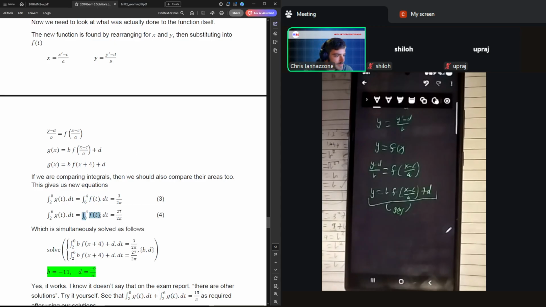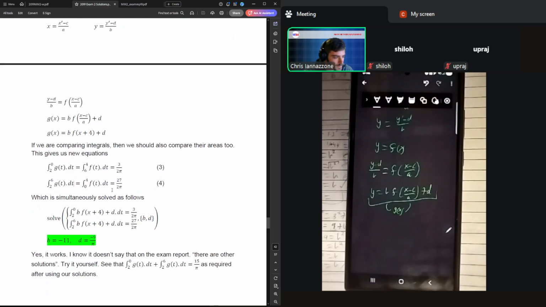So I recalculate what these were individually, 3 on 2 pi and 27 on 2 pi, and then they have to be the same as the G versions. And so what you then do is go through and put in the G functions and make them equal the areas that you know you want them to equal.